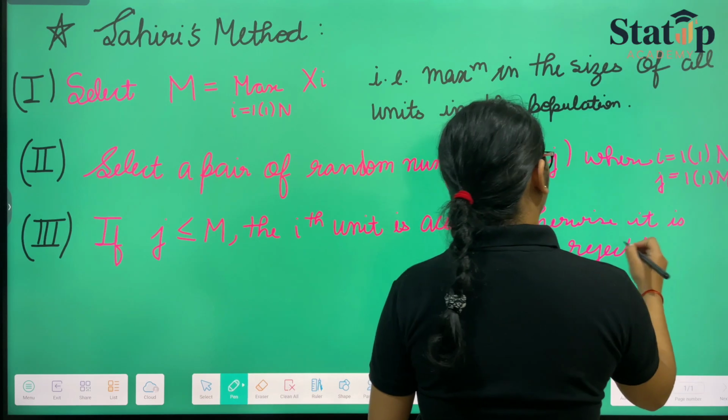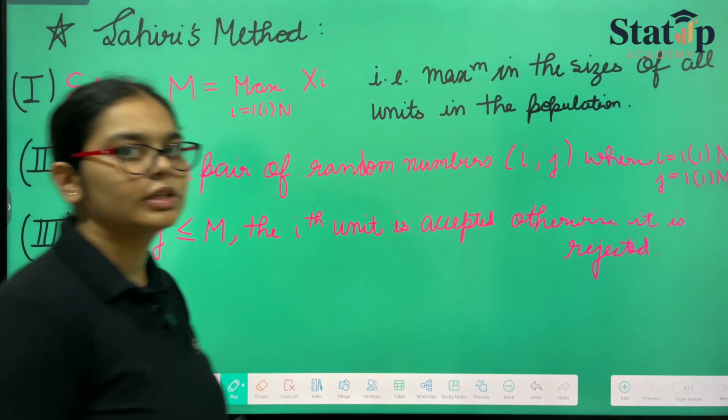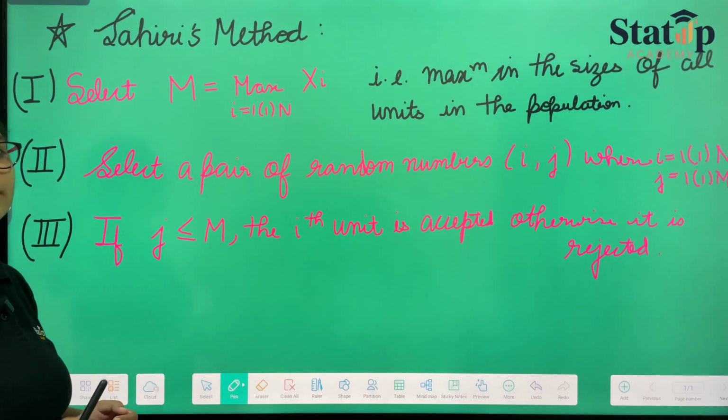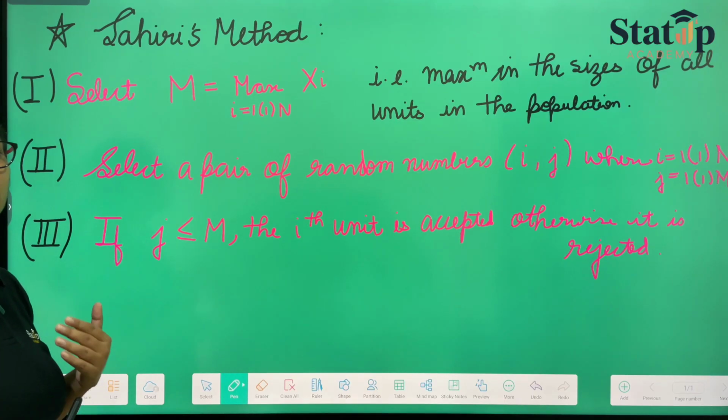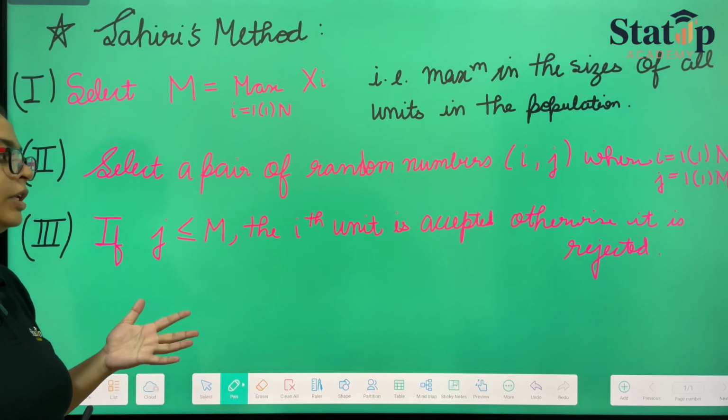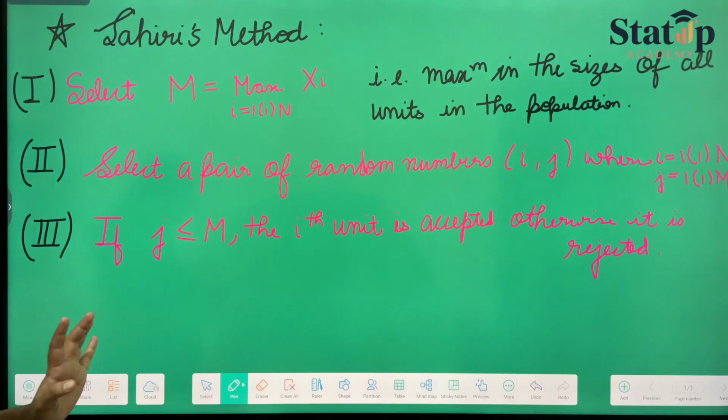Just note down the points or the steps. These are helpful for the examination. Then when we do the example, you will be clear with all the steps. Just right now note down the steps.